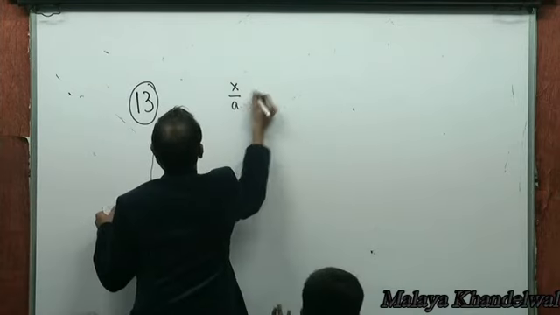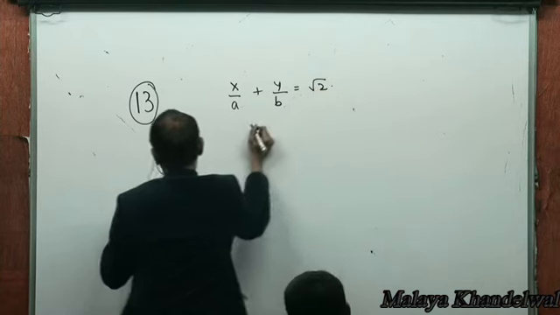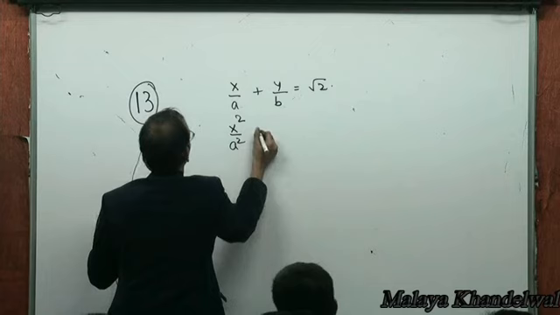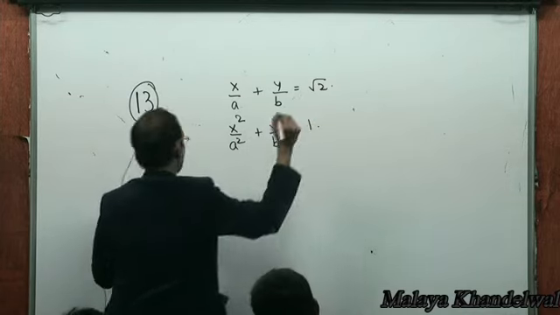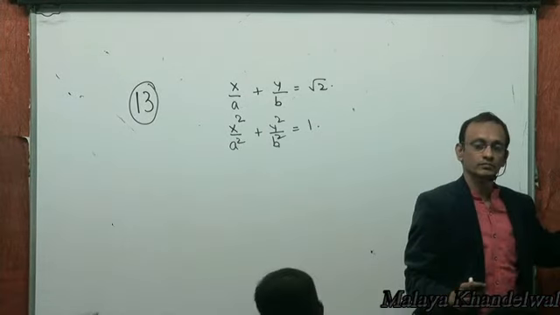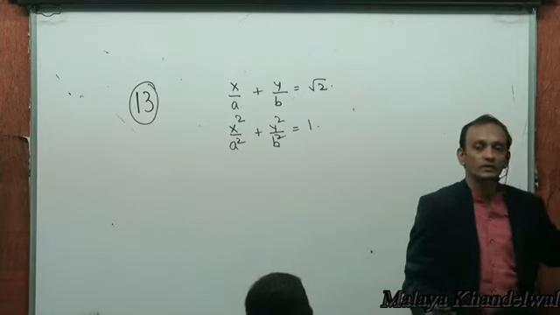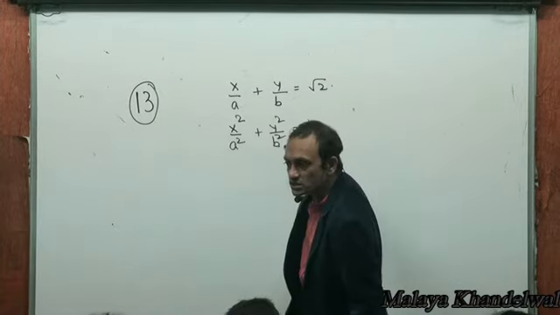The line x by a plus y by b is root 2 touches x squared by a squared plus y squared by b squared equal to 1 at the point P. We want to find the eccentric angle of P, the point where this line touches this curve.